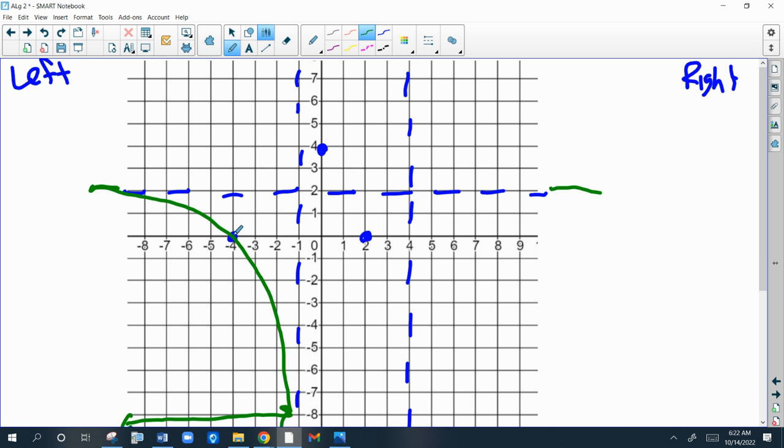So that's the first third of the graph. I'm going to do the same thing backwards on the right-hand side. I'm going to start at my horizontal asymptote, and I could go down like I did on the left, except I don't have an x-intercept over here. So that forces me to go up. Now I'm done with two thirds of the graph.